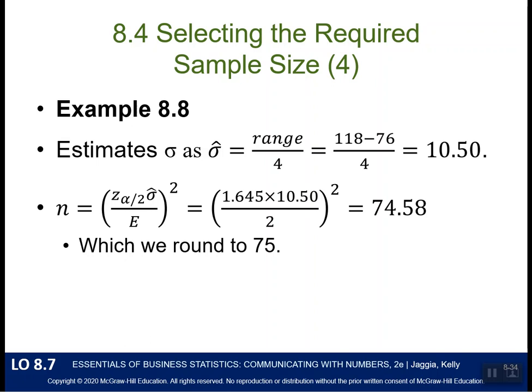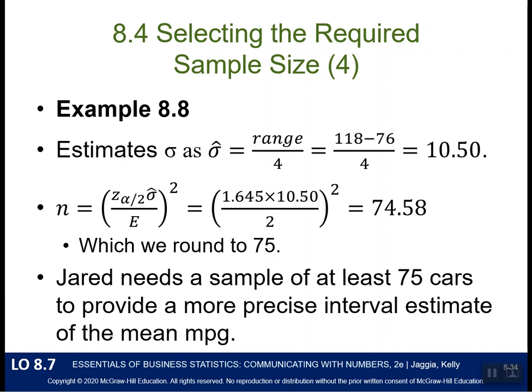Now you can't sample 0.58, so we have to round up to 75. You always want to round up. So Jared needs a sample of at least 75 cars to give him a more precise interval estimate of the mean. And by getting that, we should have the margin of error be within 2 miles per gallon. So again, the general rule of thumb is always the larger the sample size, the better.